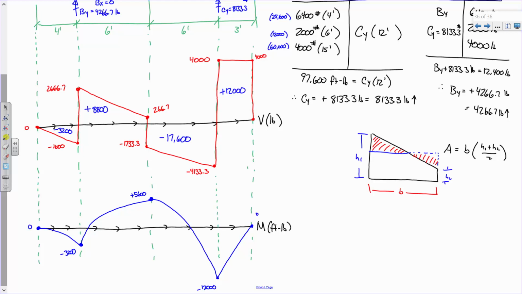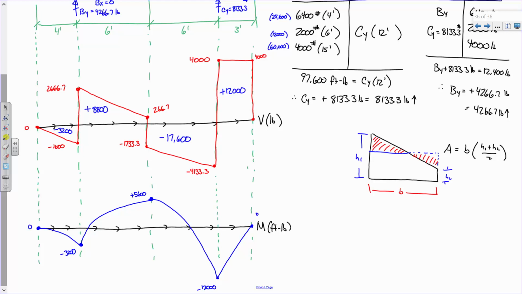So if I'm the design engineer, first off, we generally care more about magnitudes, okay? So whether it's positive or negative, in general doesn't really matter, okay? So for shears, I propose that I'm going to design this for a maximum shear of 4133.3 pounds, because that is the largest shear value on the beam, okay?